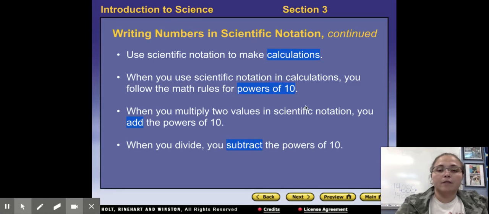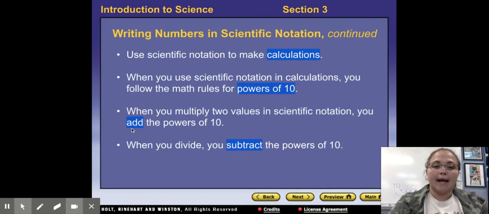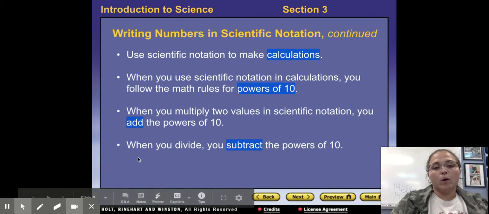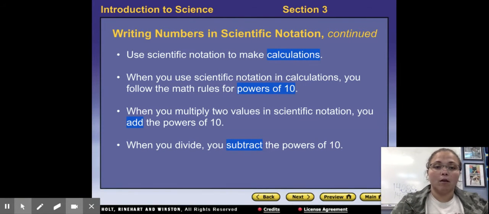When you use scientific notation in a calculation, we follow the math rules of powers of 10. So when we multiply numbers that are in scientific notation, we add the exponents, and when we divide, we subtract the exponents. We'll look at that in more detail on another day when you're practicing that skill.